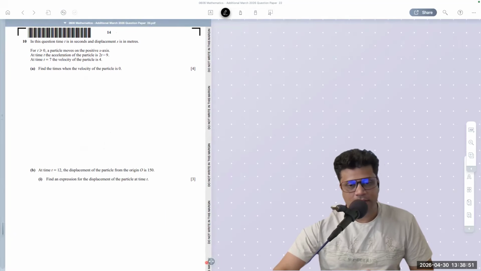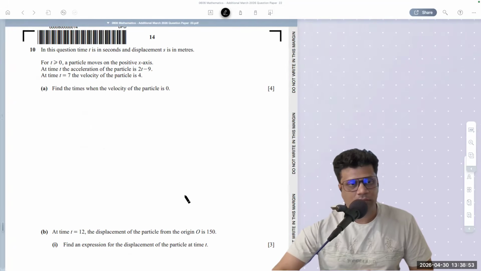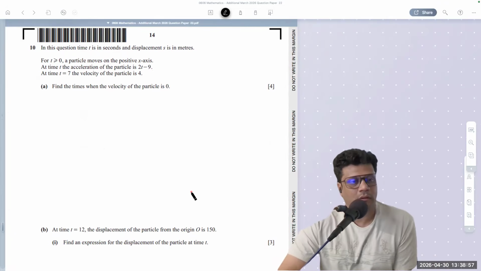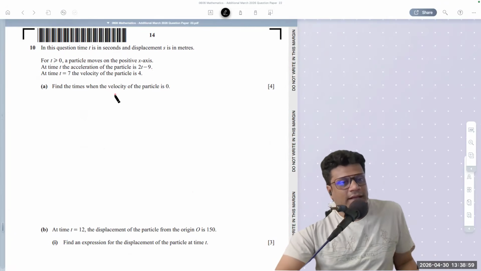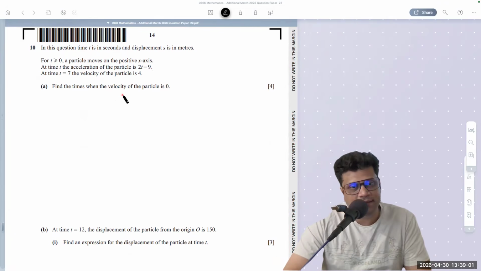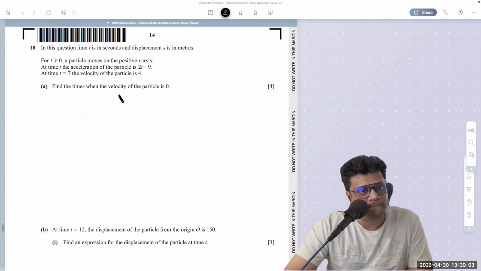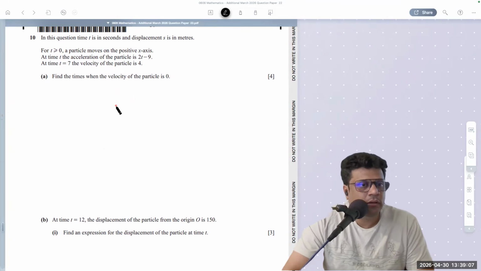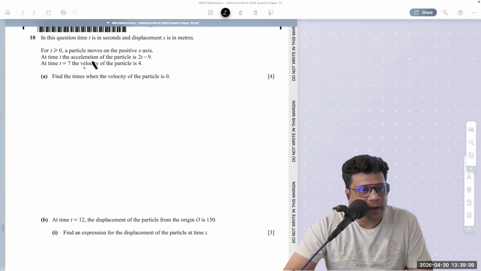The 10th one. Okay, we have kinematics now. Find the times when the velocity of the particle is 0. Well, I know that the acceleration is given by 2t minus 9.